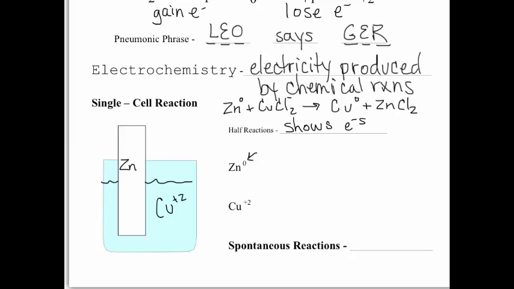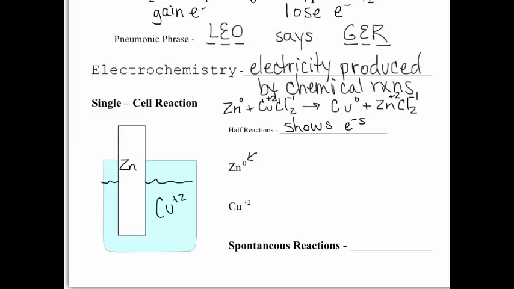The only negative oxidation number chlorine has is -1. Since there are 2 atoms of chlorine times the -1, the chlorine's charge is -2. So copper must be +2 in order for our compound to total 0. The same thing happens on the product side with the zinc chloride. Of course, zinc only has 1 positive oxidation number, so you could just record that as +2.